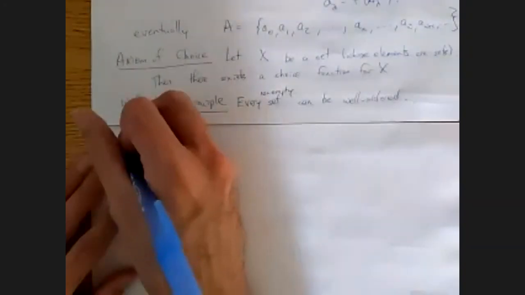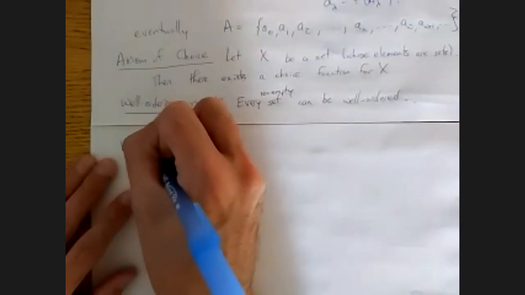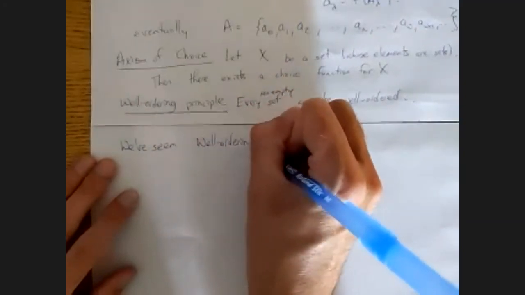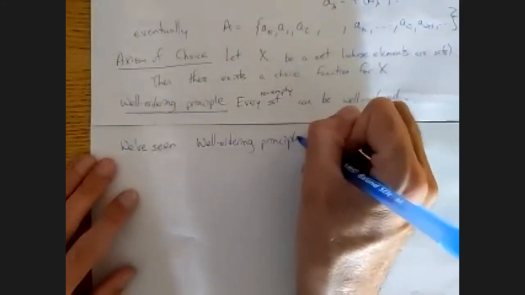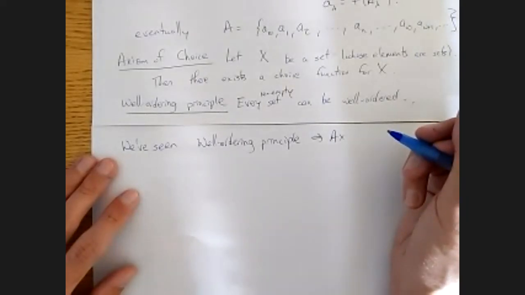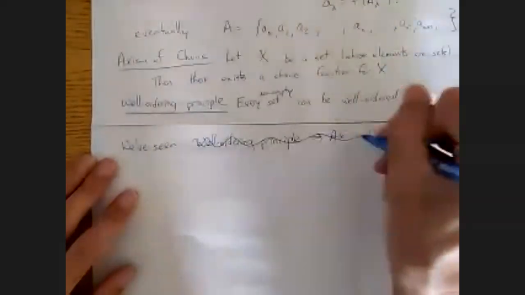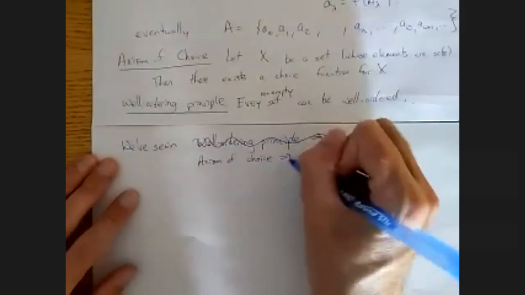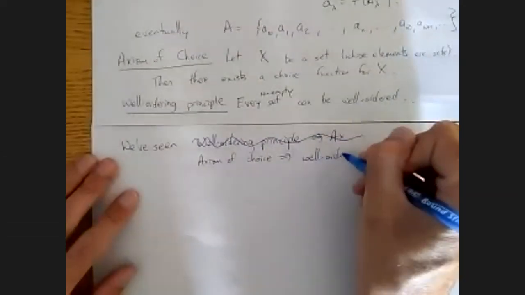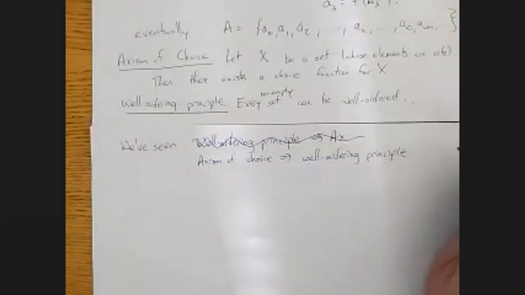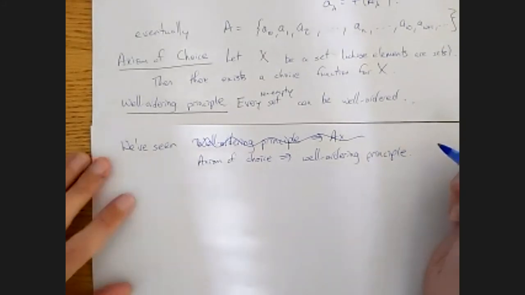Okay, so we've seen that the well ordering principle implies the axiom of choice. No, is it the other way around? We've shown the axiom of choice implies the well ordering principle. And well, the reverse is true too.